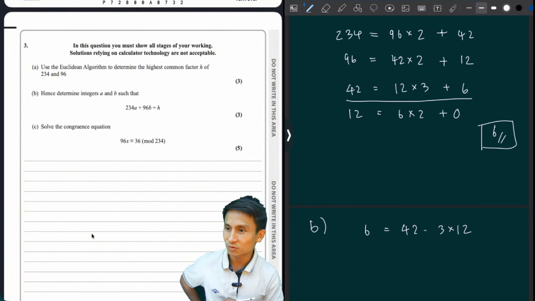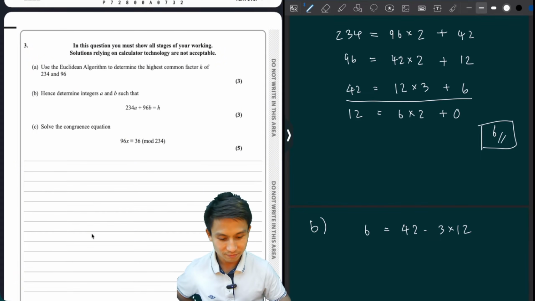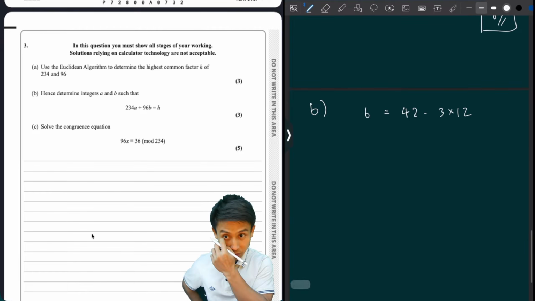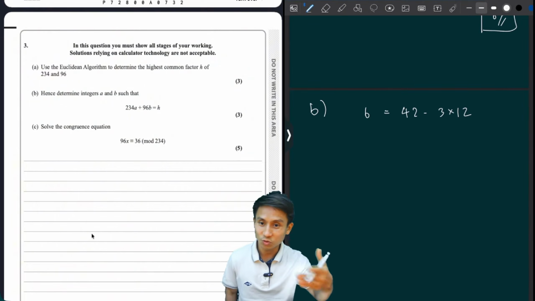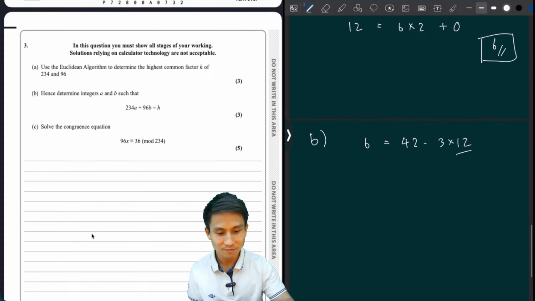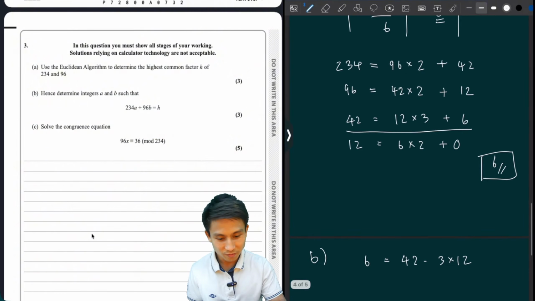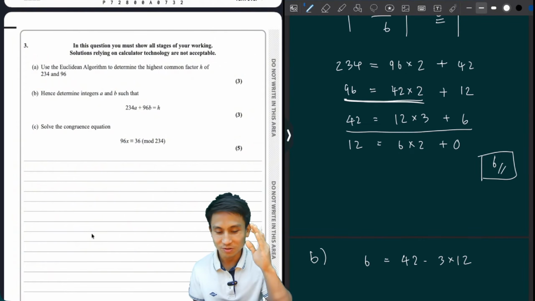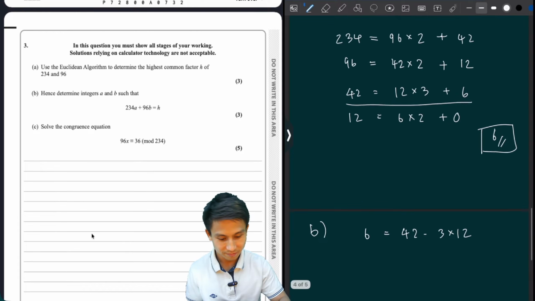So just move 3 times 12 to the other side. And because at the end we want 96 and 234, we've got to keep going with this. For example, we can substitute 12 as something else, yeah? So 12 was also actually 96 minus 2 times 42, right?